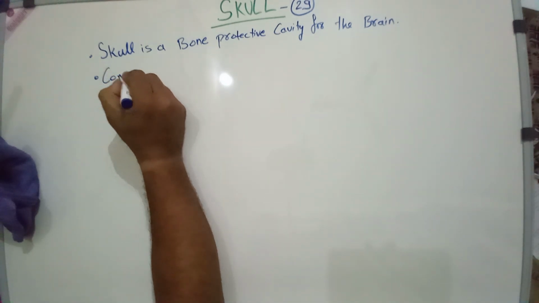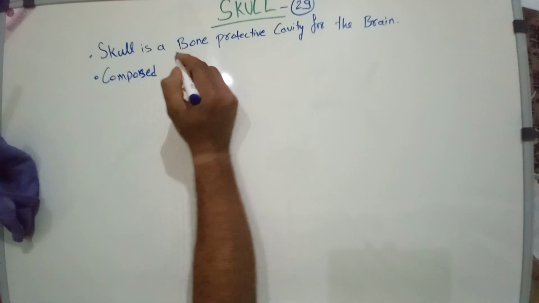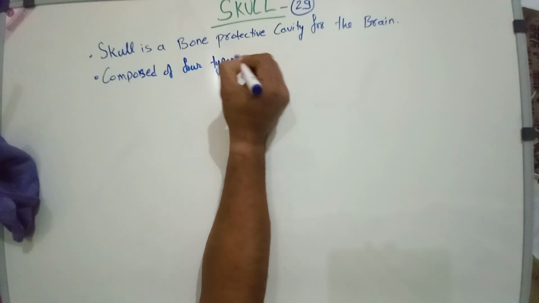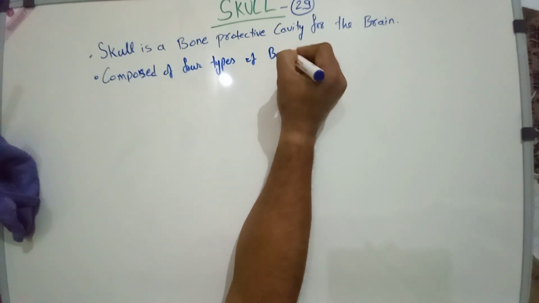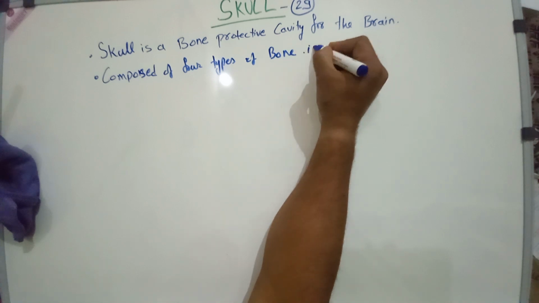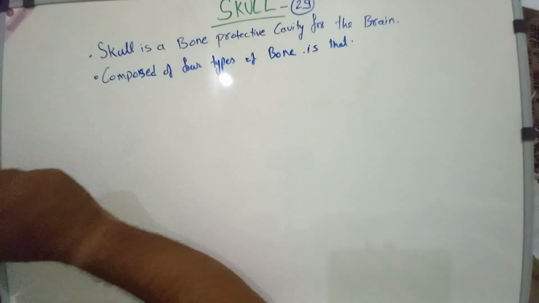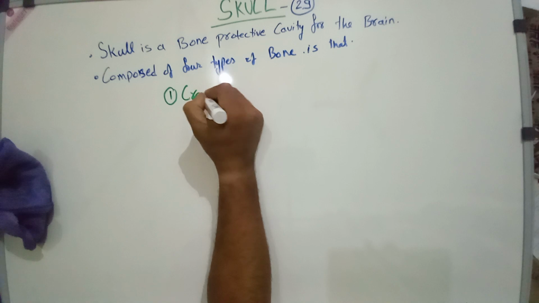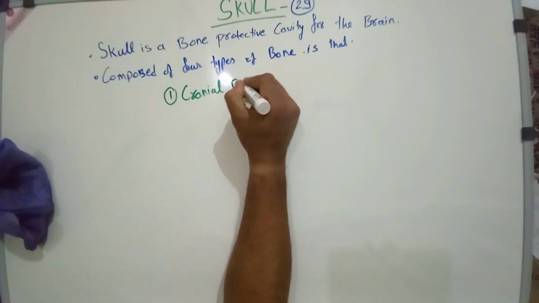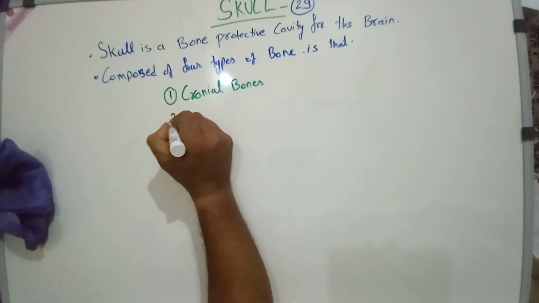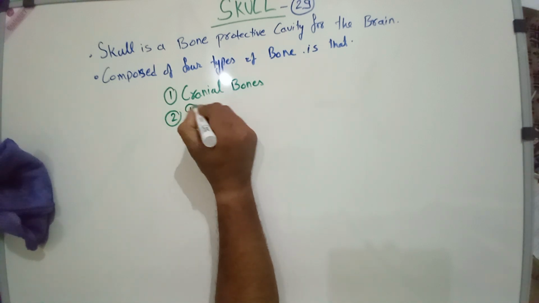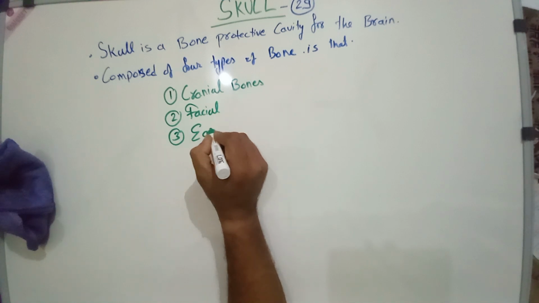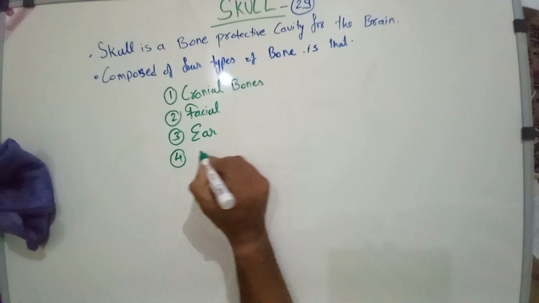Composed of four types of bone. First one is cranial, second is facial, third one is ear bones, fourth one is hyoid.